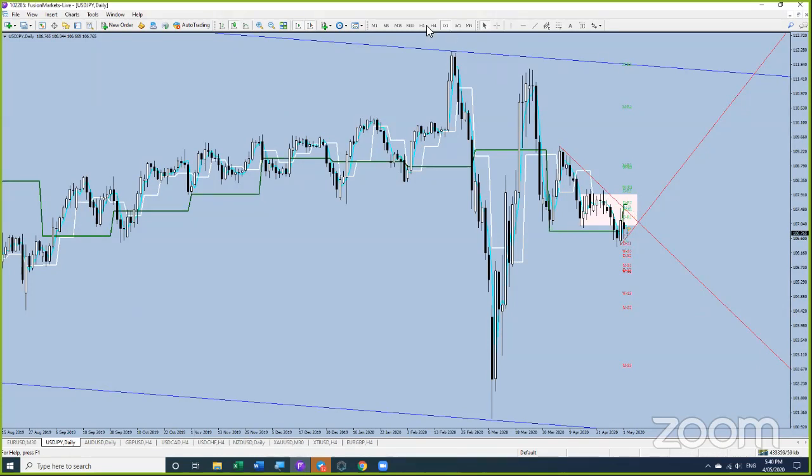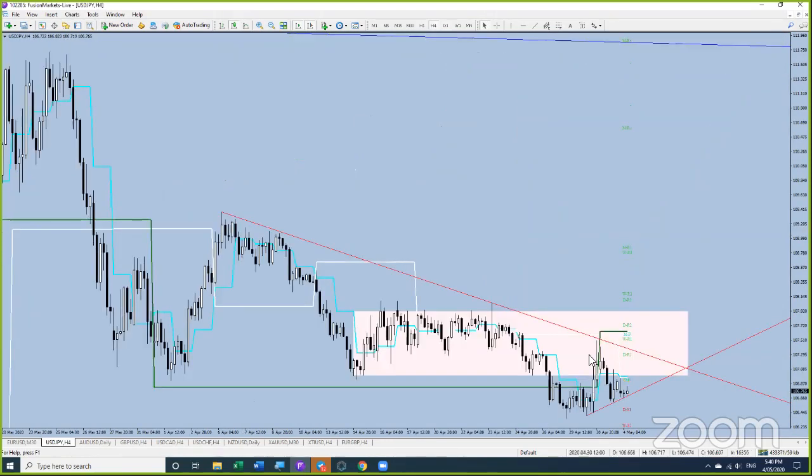Now, that said, if I go back to the 4-hour chart, you can see that we've come back below this inner range here and retested it. But you can also see that we've retested, well, that's actually Friday's daily pivot, so it doesn't make any difference. But we've also retested the bottom of that channel, the rectangle, as I said.